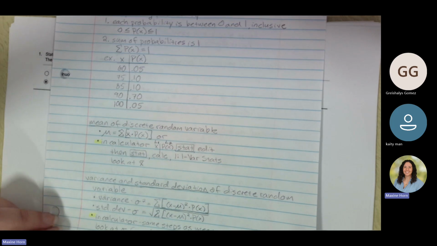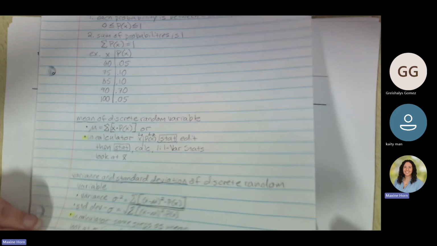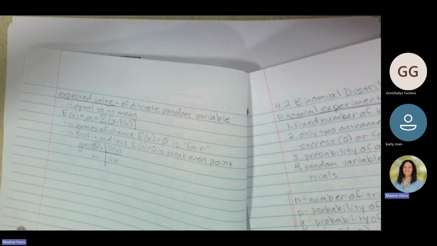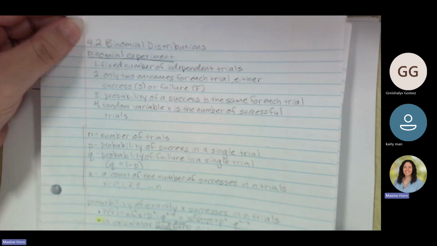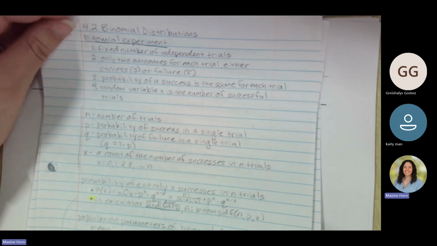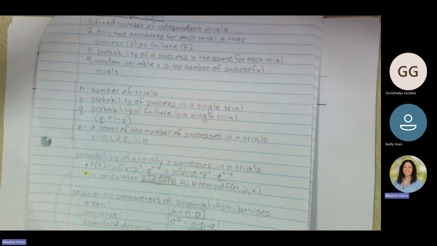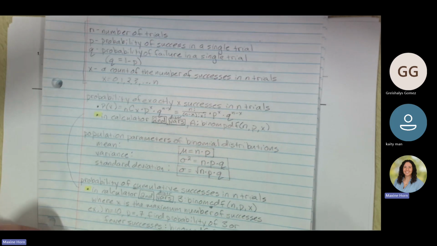I just wrote it on some notebook paper, nothing fancy, but this is the kind of thing you want to be doing as you go through the chapters: making notes as you're learning it, but also having one unified place where you've got all your formulas, or all of your steps for how to use the calculator.